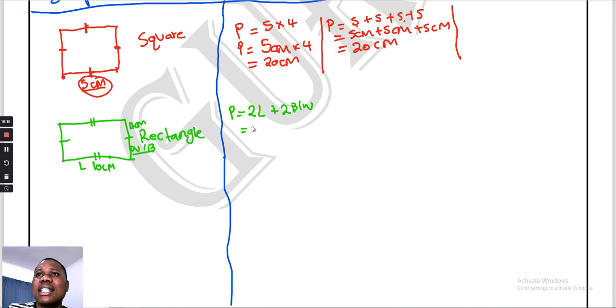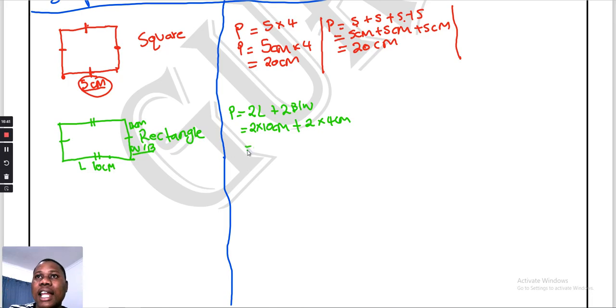We'll just take 2 because we have 2 of the length. Therefore, we multiply this 10 by 2, plus 2 of 4 centimeters. That means in our object here, we have 2 4 centimeters and then we have 2 10 centimeters.